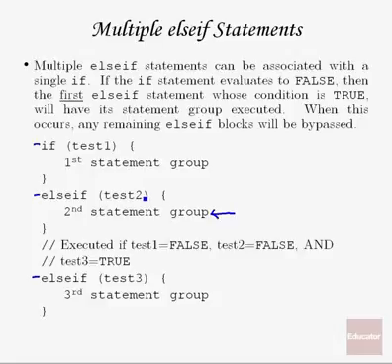However, if test 1 is false and test 2 ends up being false, it goes on to the next else if block and evaluates test 3. If test 3 is equal to true, then it evaluates the test 3 statement. However, if none of the test conditions apply, then you just exit the entire control structure and continue with whatever statement is next in line.